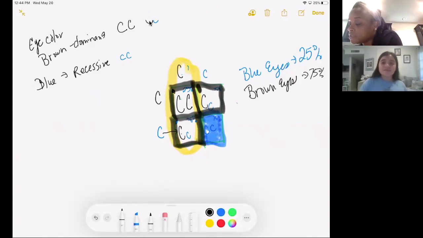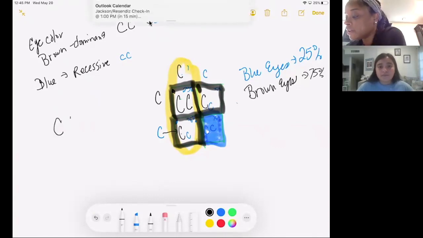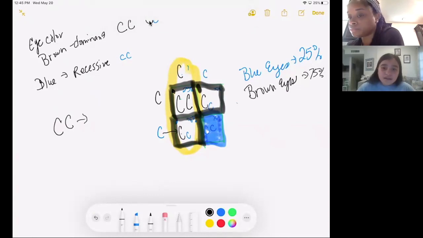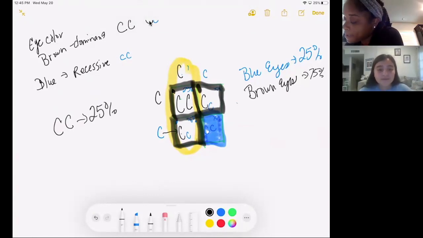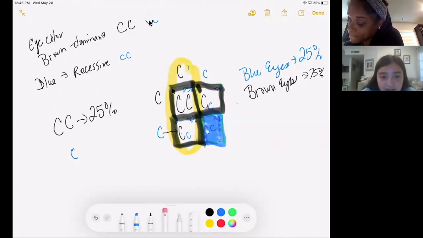Now the last thing we need to do is figure out the genotypes for each of these. So my probability of being homozygous dominant is what? Homozygous dominant, 25%. Good. My probability for being heterozygous is what? Those two are lowercase, right?